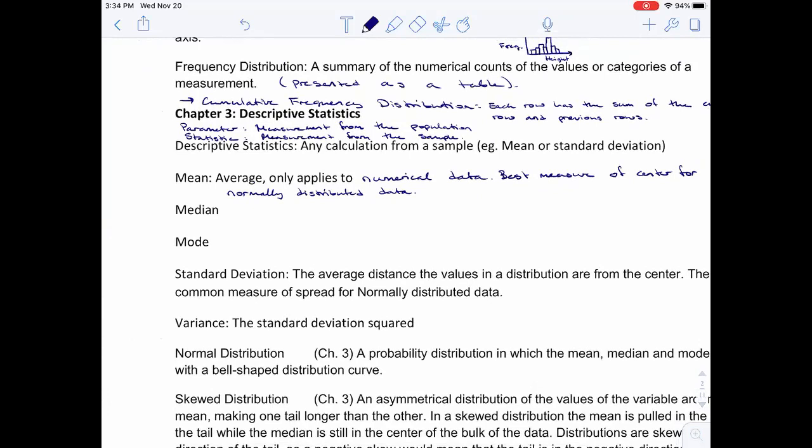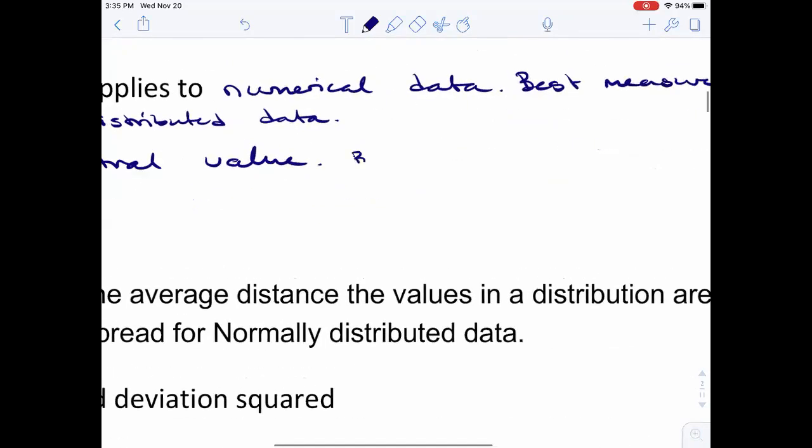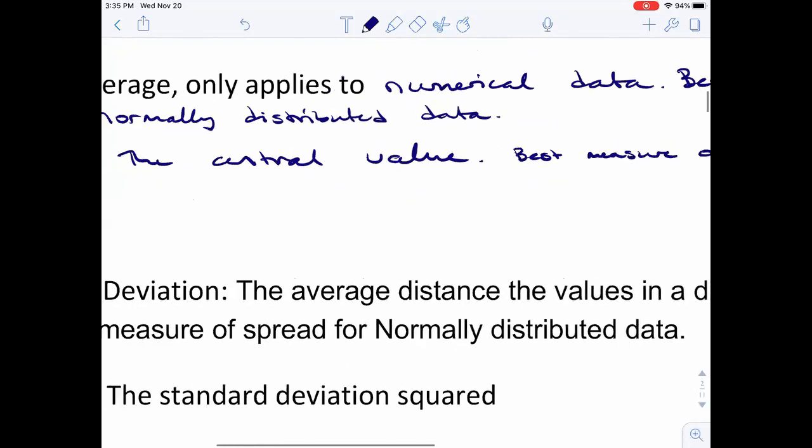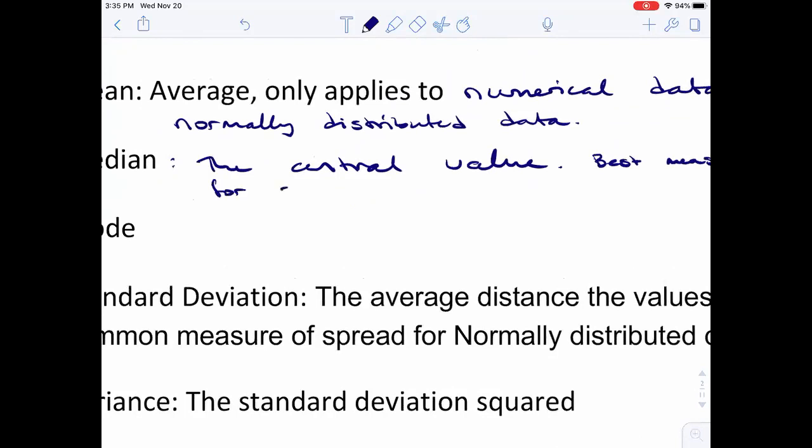And so the median is the central value and it's going to be the best measure of center for skewed distributions, right? Because it's the one that holds steady. So it's the best measure of center for skewed distributions.